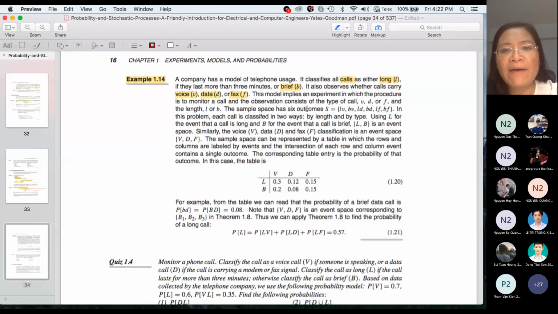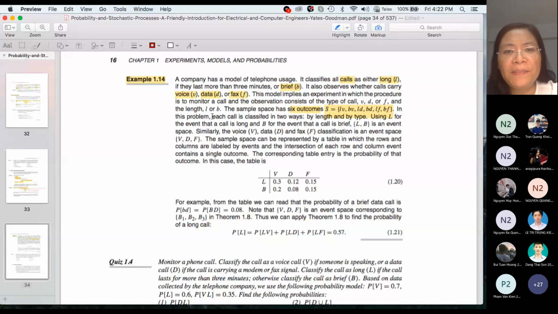The sample space has 6 outcomes: LV, BV, LD, BD, LF, BF. We have just two-word exercises, so a sample space like this is quite familiar to you.